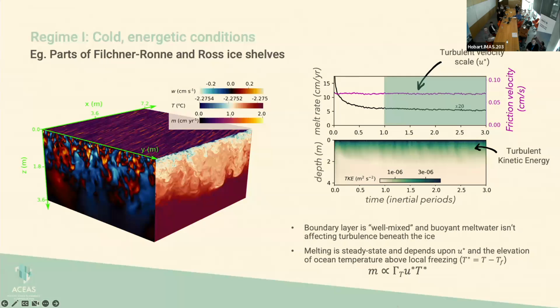So we get this relationship between melting, our steady friction velocity, which I showed before, and something that we call the thermal driving. That's the difference between the local temperature and the in situ freezing temperature, that TF. So it tells us about the heat that's available for melting.